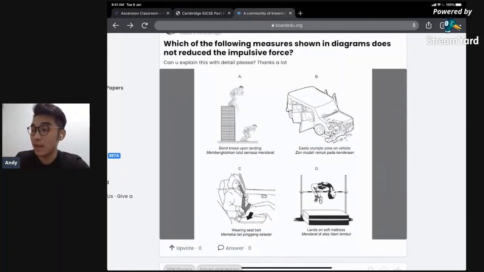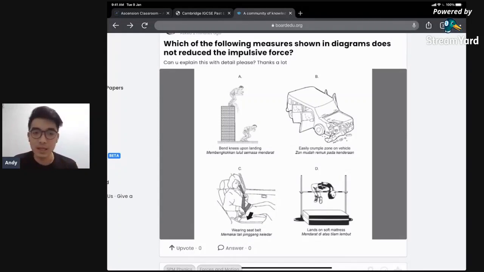But if it were to happen, this crumple zone will reduce the impact by increasing the time of collision. When it hits something hard, the crumple zone will buy time. So it increases the time and reduces the impulsive force. So B is not the answer as well.